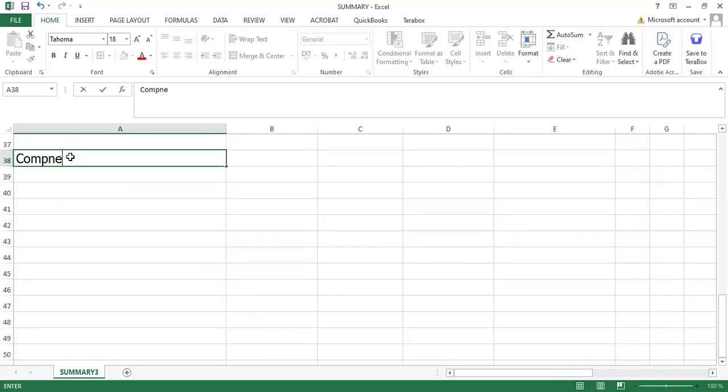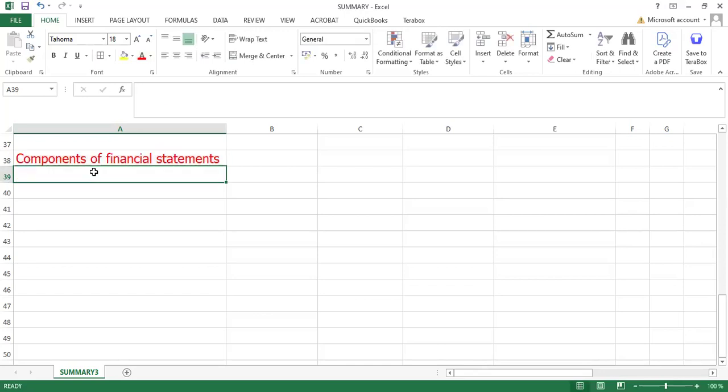The components of financial statements. These are what and what. Just first to remind ourselves. Statement of financial performance.